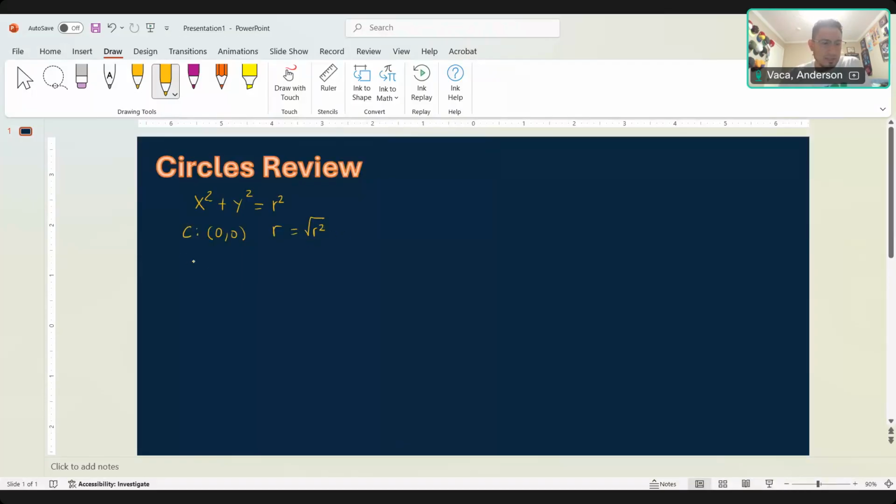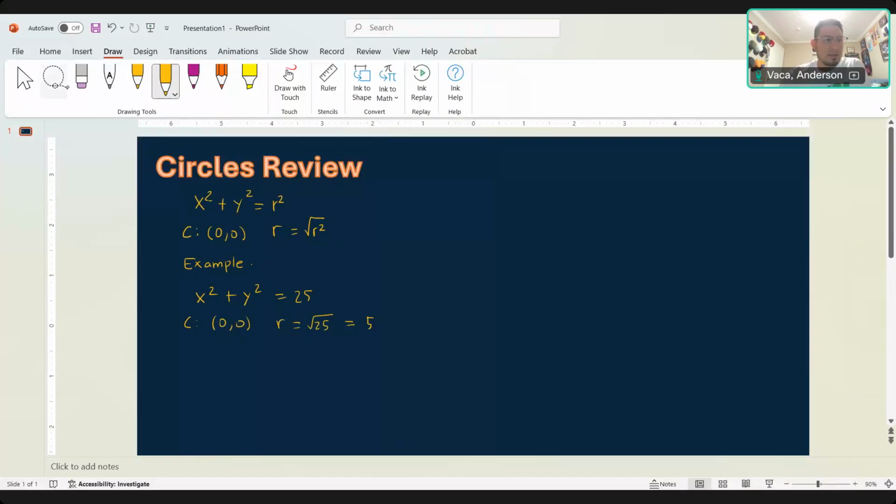Okay, so for example, if we have x squared plus y squared equals 25, this would be a circle that is centered at 0, 0 with the radius of the square root of 25, which is equal to, in this case, 5.